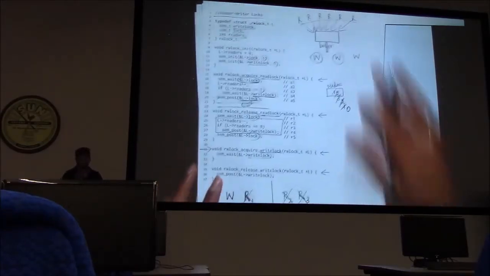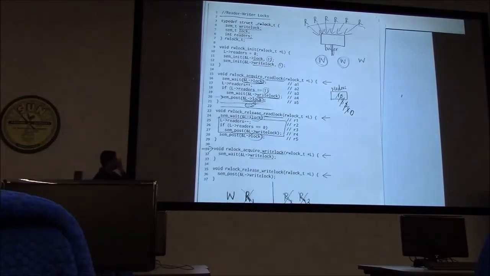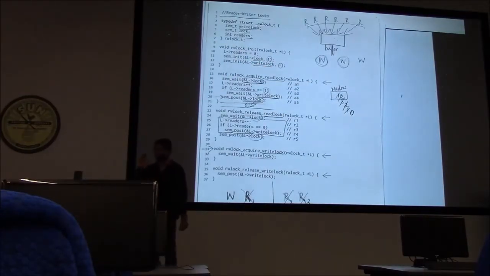So the whole purpose of the reader-writer locks is to make sure that if there is a single writer actually writing to the shared buffer, we prevent all the other writers from writing and also prevent the readers from reading from the shared buffer.